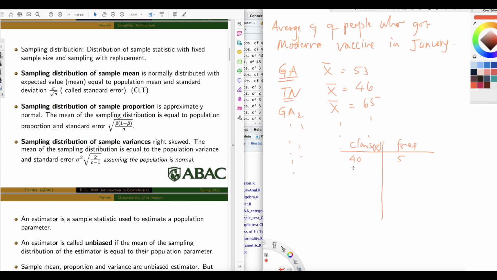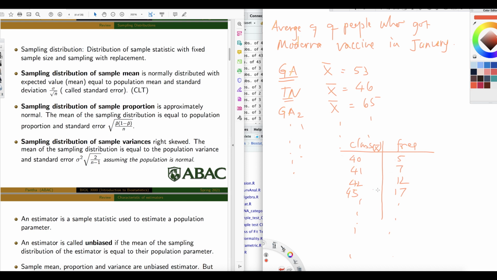Okay, how many samples had mean 41? Let's say 7 samples. How many samples had mean, let's say, 42? There were 12. How many samples had mean 43? Let's say 17, and so on. You make this table. This is called the sampling distribution.